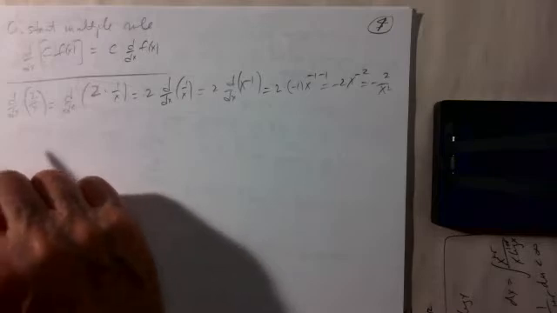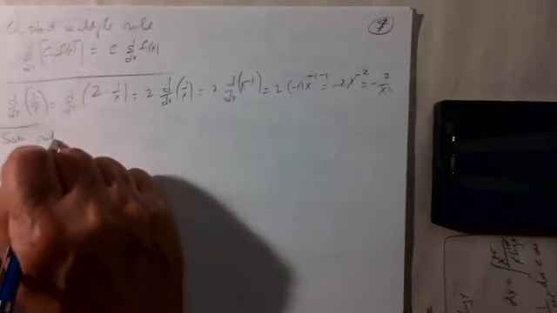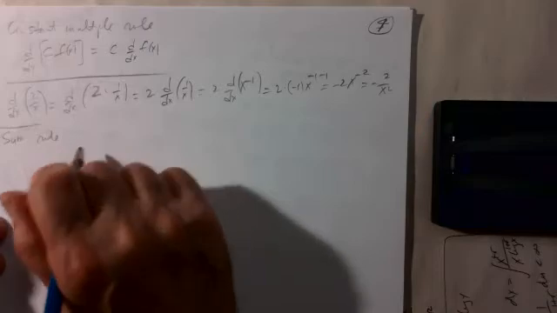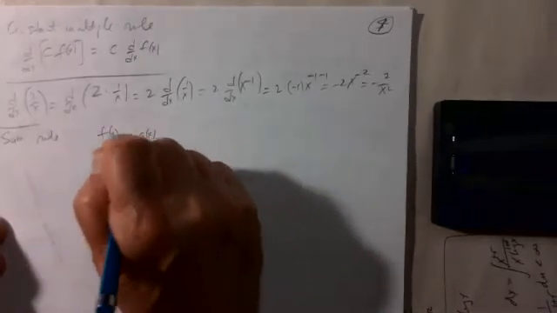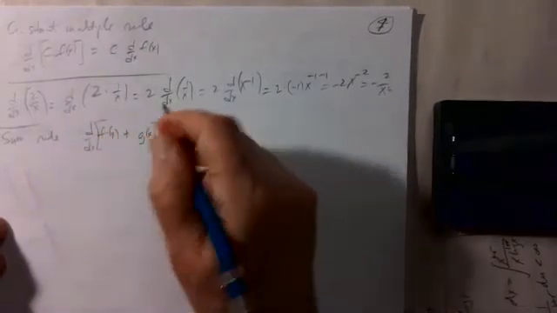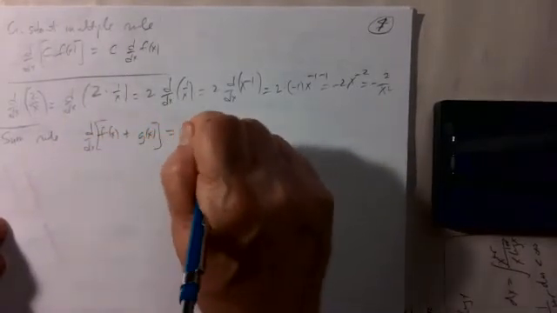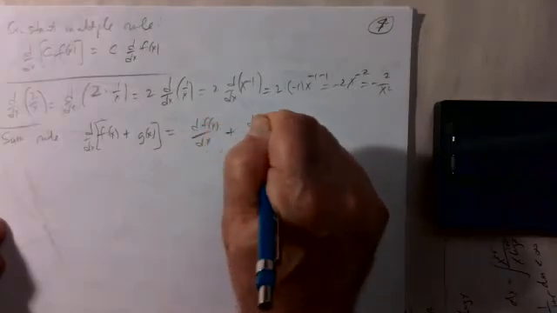We have the sum rule. If you have two functions, f of x and g of x, and you add them, the derivative of the sum is the sum of the derivatives.